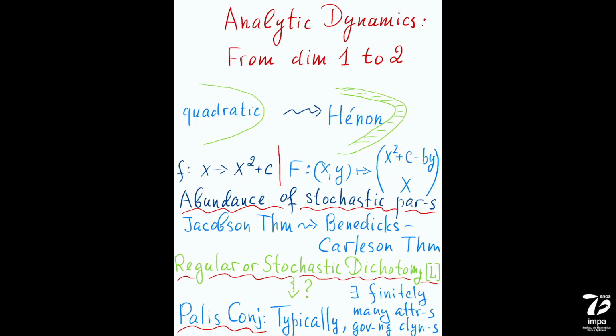So it is really a very, very non-trivial, very deep technical development. Not fully understood, far from being fully understood, even today, 30 years later. Well, this theory, in one dimension, can be upgraded to a regular or stochastic dichotomy.